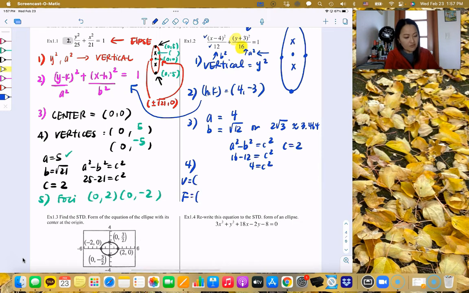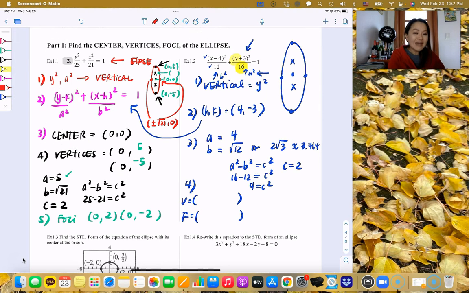And you know what, you guys? If you want, you can go ahead and leave it like this now. Since we're big boys and girls, you understand that it's only the y value, the k value, that changes, right? So we're going to leave alone our h and put 4, -3 plus or minus a, and then plus or minus 2 for the foci.